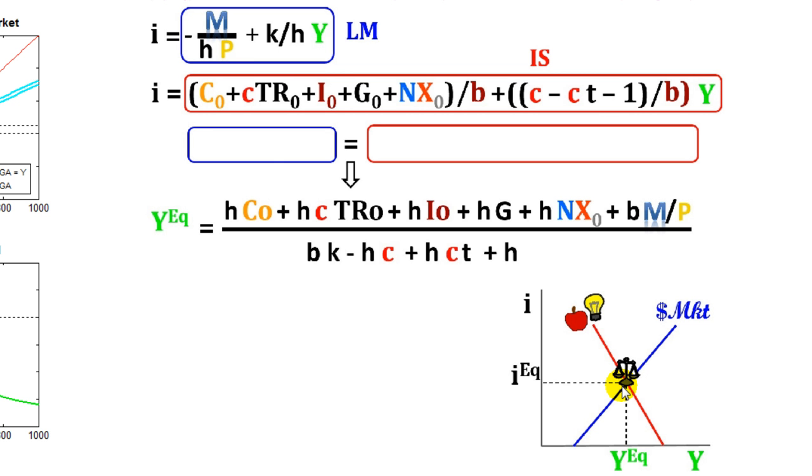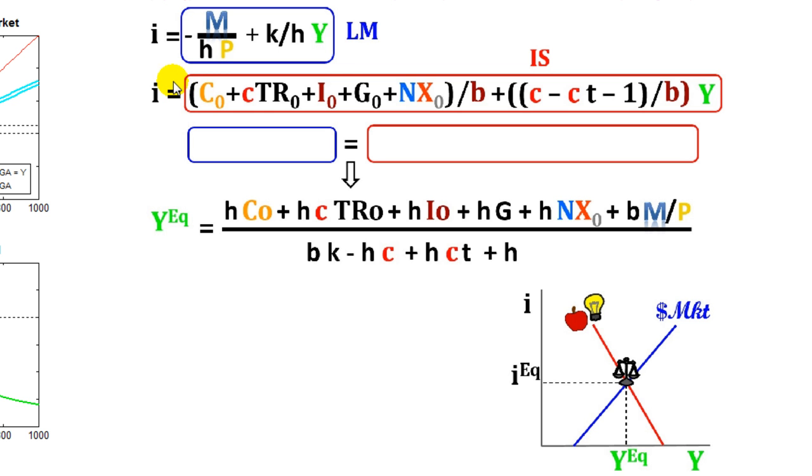But if we want the interest rate in equilibrium, this happens when both curves take the same value. So in order to find this income in equilibrium, we have to say that interest rate for the IS curve is equal to interest rate for the LM curve, and then we will find this point.